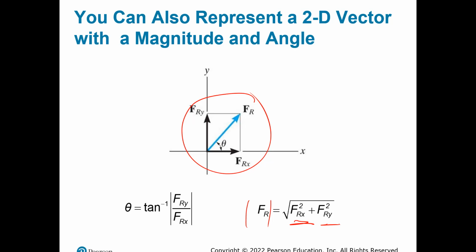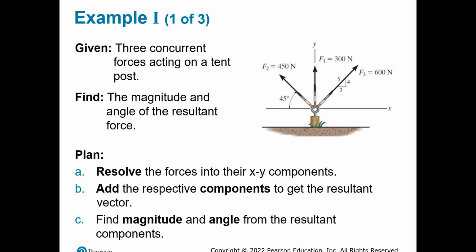And then to get the angle is pretty simple, because you are forming an imaginary triangle here which has an angle of theta. So the inverse tangent of those two sides of the triangle, right here and right here, will give you the angle. You can use cosines, you can use sines, and it'll be exactly the same thing.